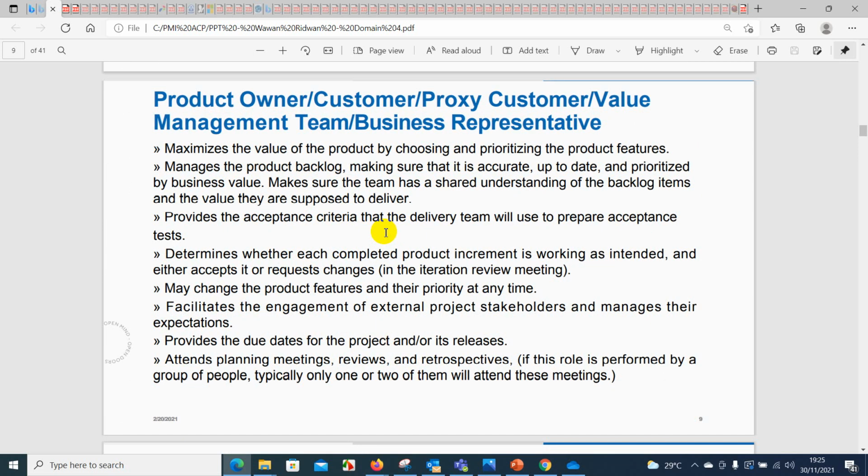Itu apa? Okay, maximize the value of the product by choosing and prioritizing the product features, thus manage the product backlog, making sure that it is accurate, up to date, and prioritized by business value.